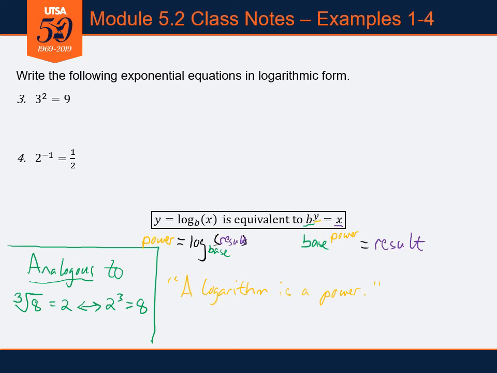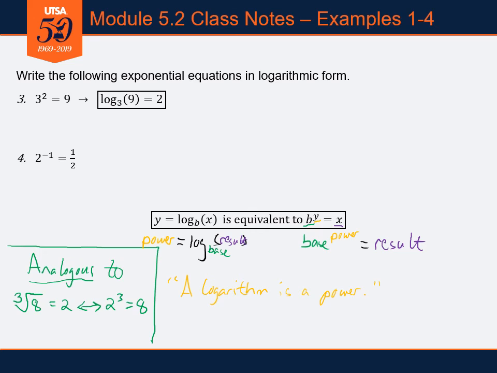If I have a base 3 to a power 2 is equal to a result of 9 in question 3, then I can rewrite that as log base 3 of, in parentheses, the result 9, is equal to the power 2. So log base 3 of 9 equals 2. Just using that definition, and that's all we're doing here.